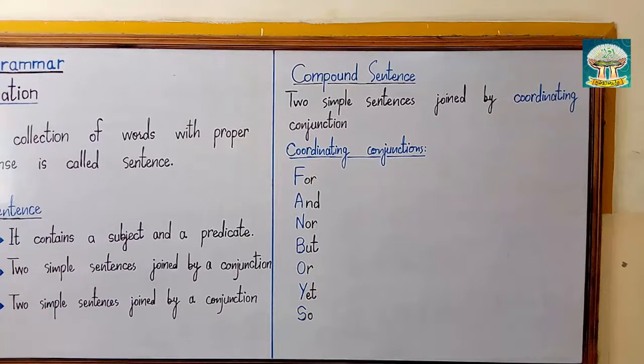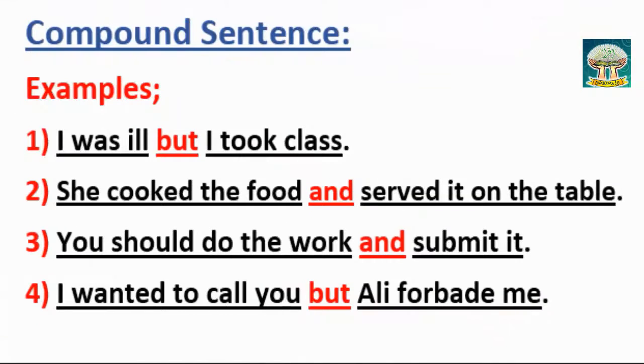Let us go through some examples of compound sentences. Number 1. I was ill, but I took class. In this sentence, there are 2 simple sentences, I was ill and I took class, joined by but, a coordinating conjunction. Example number 2. She cooked the food and served it on the table.